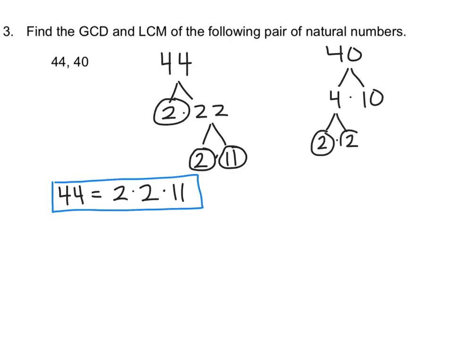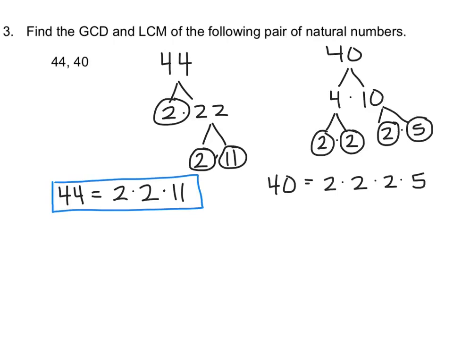And 2 is a prime factor, so I'll circle both 2's. 10 can be factored into 2 times 5. And 2 and 5 are prime factors, so I'll circle those. So the prime factorization of 40 is 2 times 2 times 2 times 5.